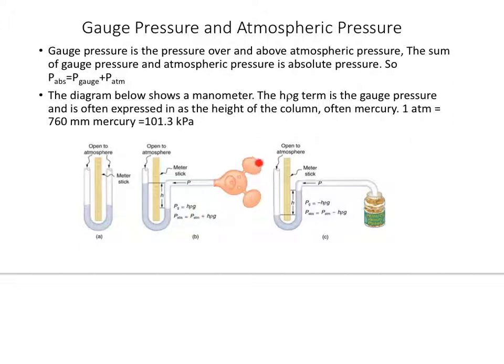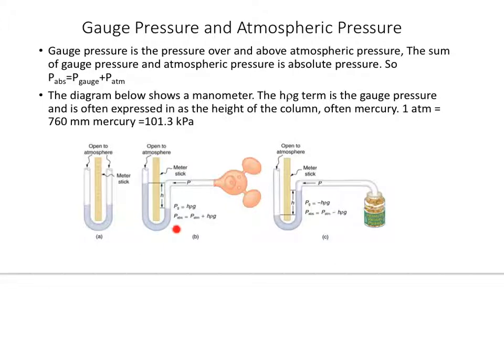Now the liquid here is often mercury on manometers, but doesn't necessarily have to be. Okay, so this diagram over here shows, I don't know what that is, a balloon maybe, and that is exerting some extra pressure here, and as a result, it pushes this level of liquid upward a bit.